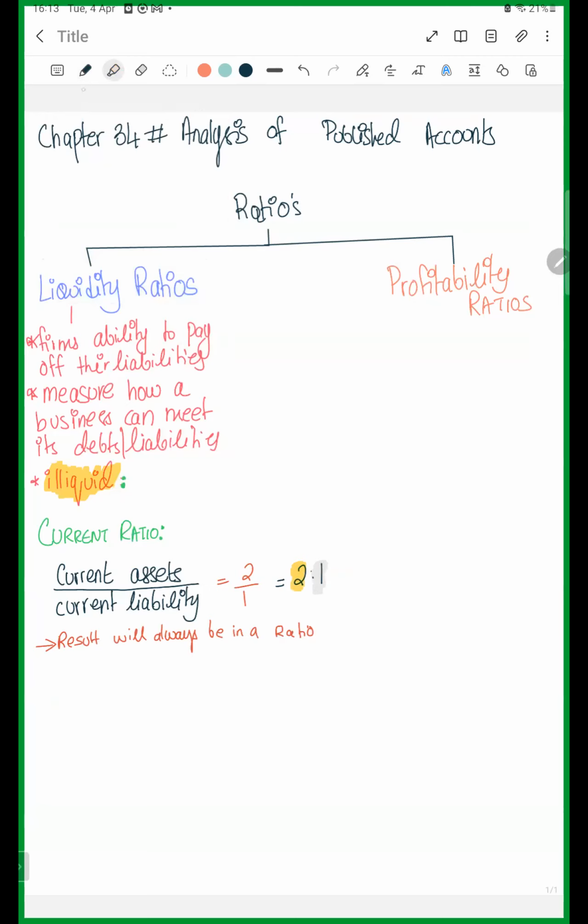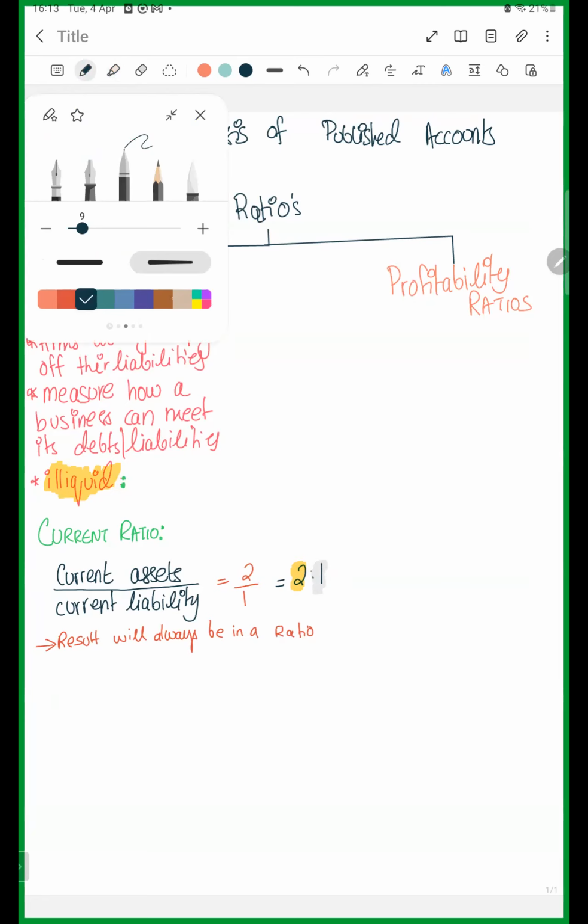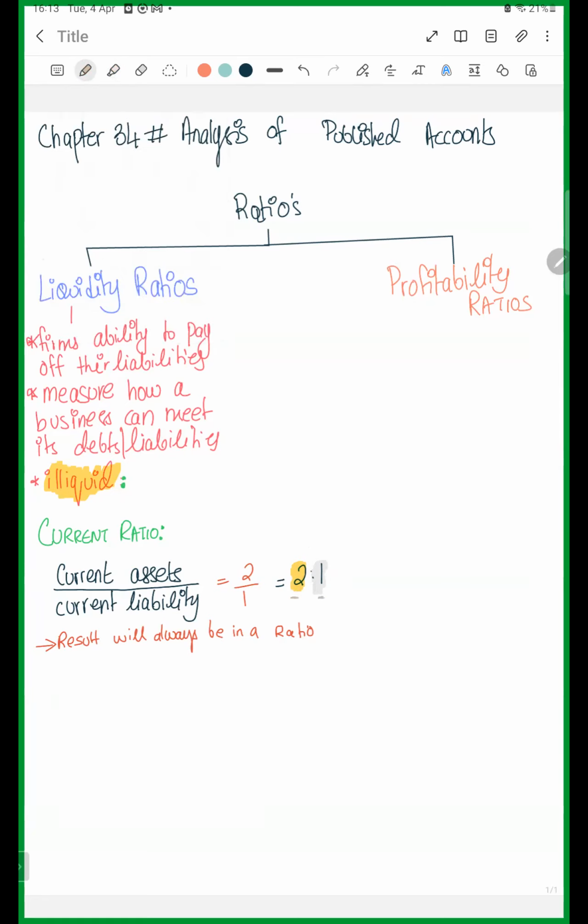This shows that my business at this point can pay off whatever I've borrowed. The two is what I own, and one is how much I owe. That means I own double what I actually owe. Let's say I own $200, but I owe $100.